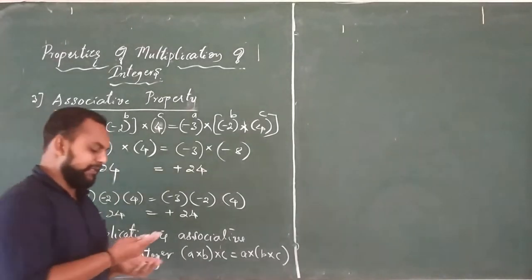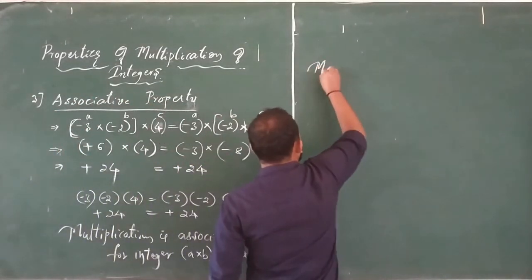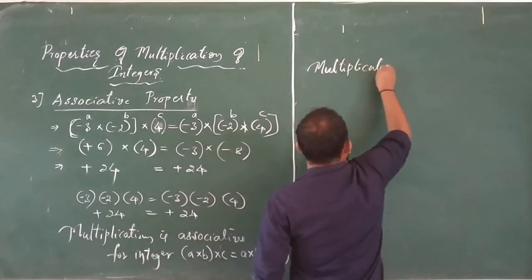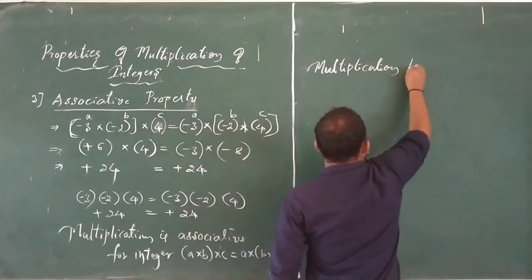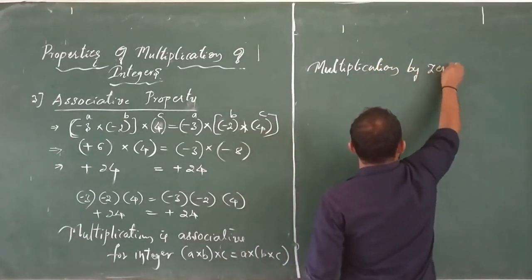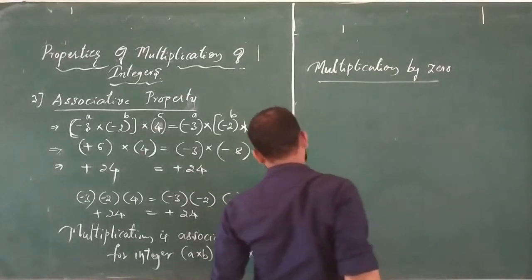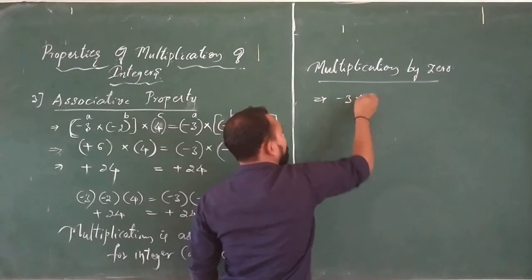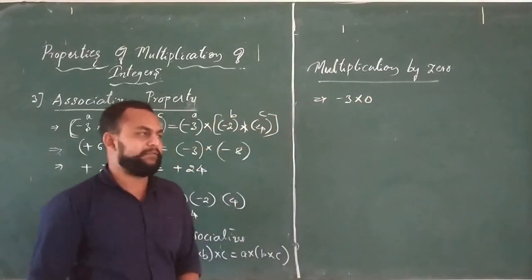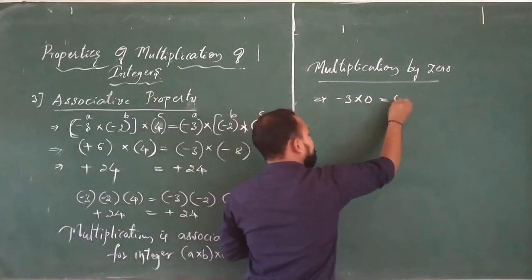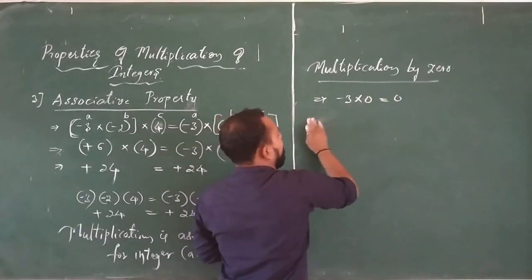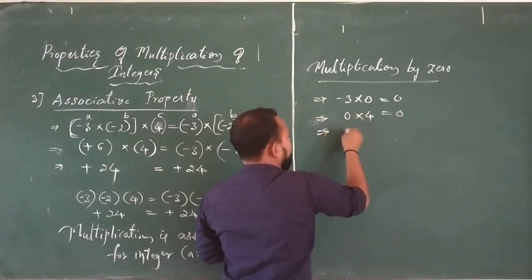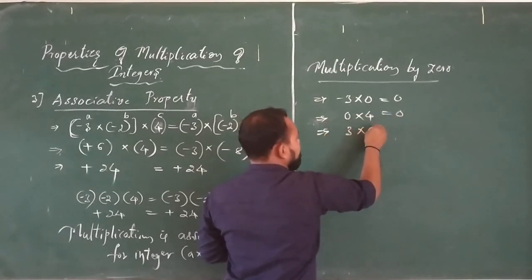The next one is multiplication by 0. Here multiply minus 3 into 0, the value is 0. The next one, 0 into 4 is 0. Then 3 into 0 is 0.